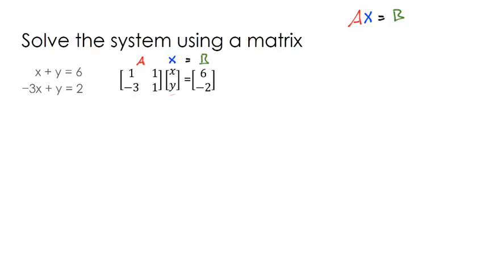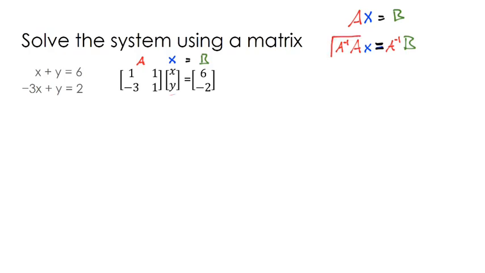So if I take the same situation, AX equals B, I can multiply the left side of this equation by A inverse as long as I do it to the right side. And I'm going to left multiply both of these.